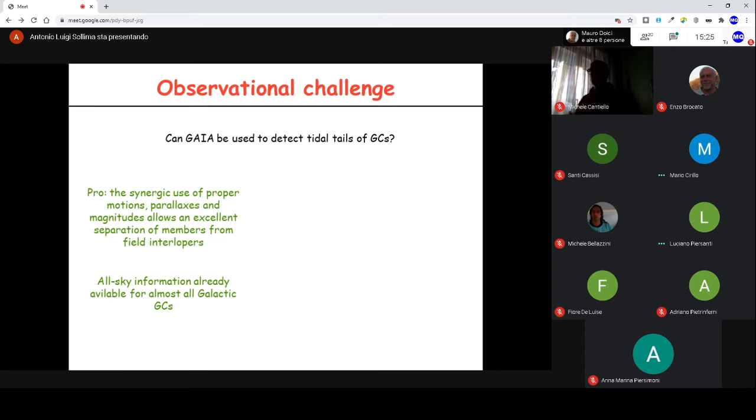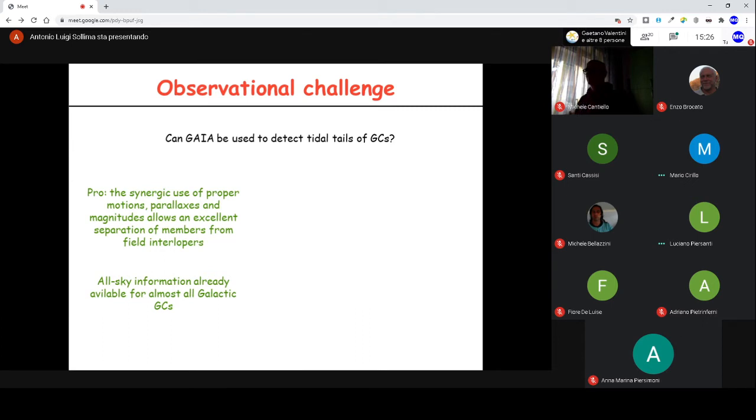If you increase the dimensionality of this multidimensional space, you can use the location of the stars to distinguish members from interlopers. In this way, you increase the efficiency of reducing the noise. Also, you don't need to make a proposal, because Gaia provides information for all the globular clusters in both hemispheres for free.